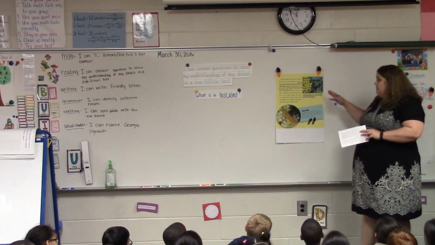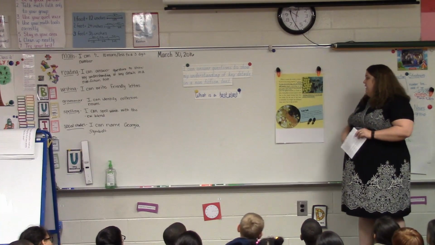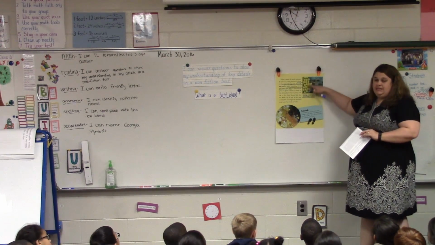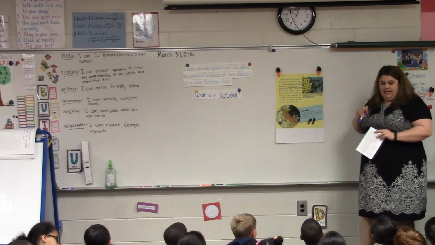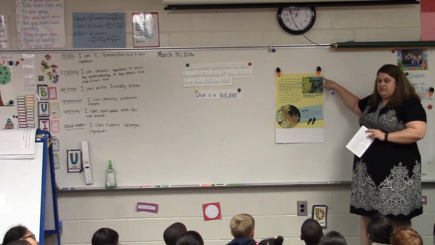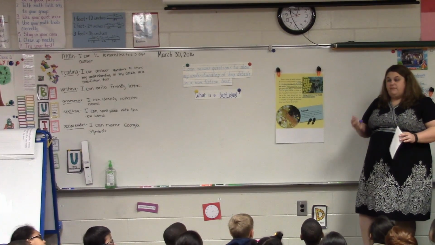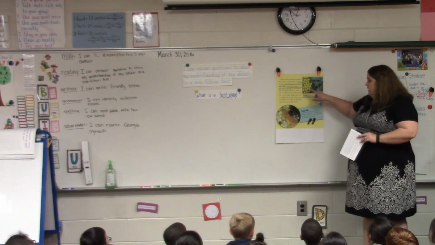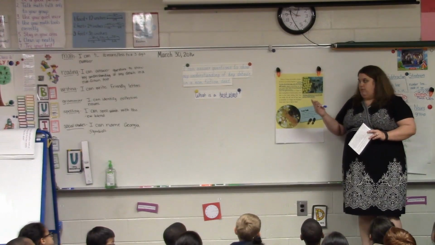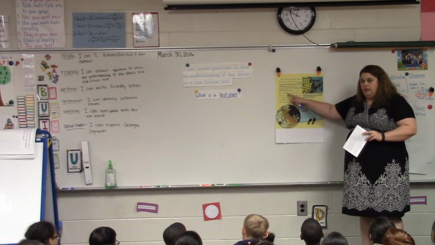So it tells me that this host plant is not only a nice safe place for these eggs to be laid and for the caterpillars or larvae to be born, but it's also a really great source of food for them to help them start growing right away. Because we did learn that they grow really quickly.